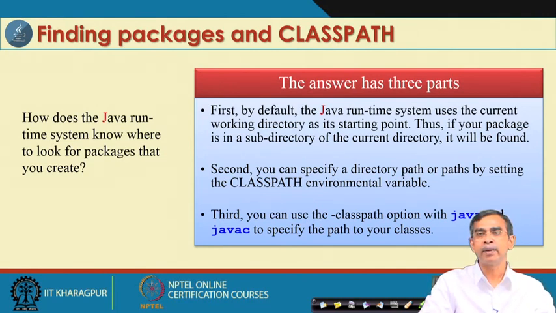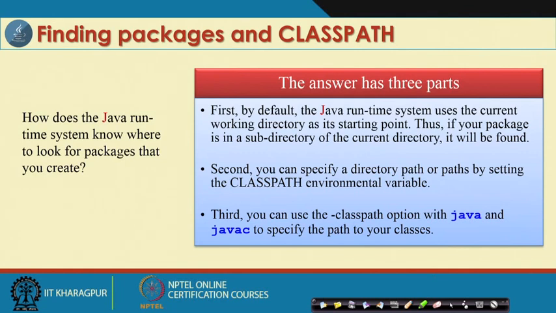If you do not mention any class path in your environment variable, the Java runtime interpreter will try to find a directory which has the same name as the package name that you mentioned in your import statement, under your working directory. This is the first method, a very trivial method of course. If you maintain one package under the working directory of your program where you want to run it, then it will work. The second method is setting the class path environment variable.